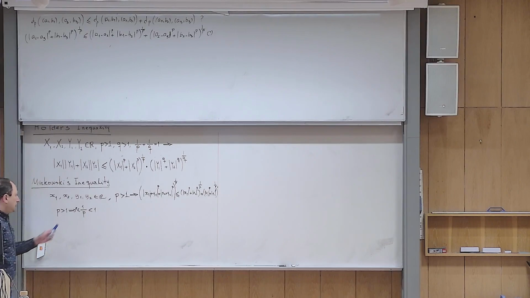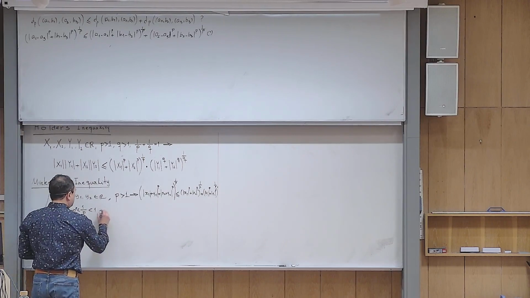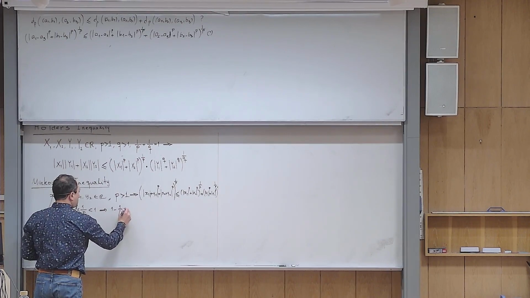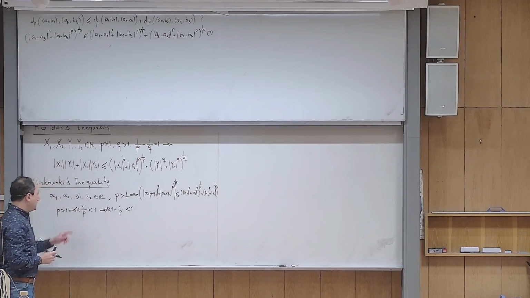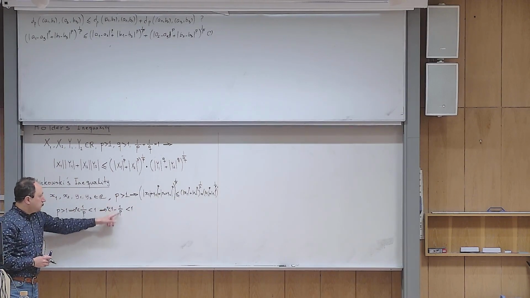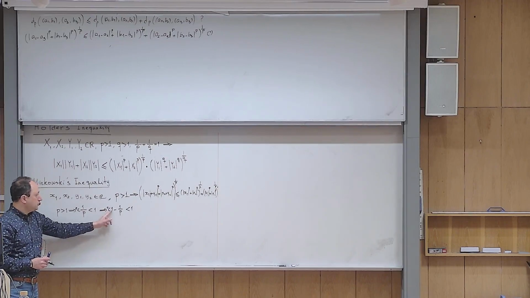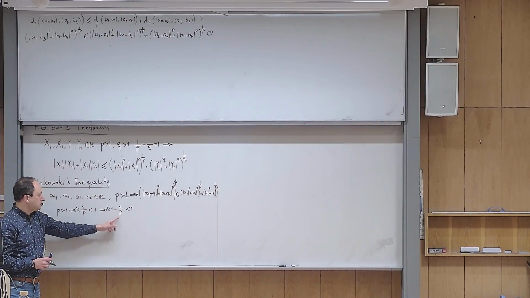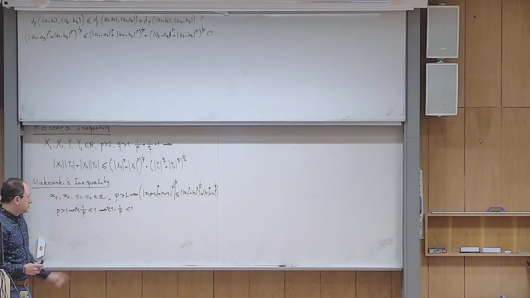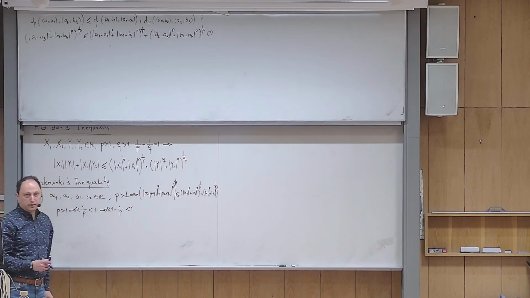And then 1 minus 1 over p is positive and less than 1. This is guaranteed. Do you agree? If 1 over p is a number between 0 and 1, 1 minus 1 over p is definitely positive, and less than 1 because 1 over p is positive. 1 minus a positive number is definitely less than 1.